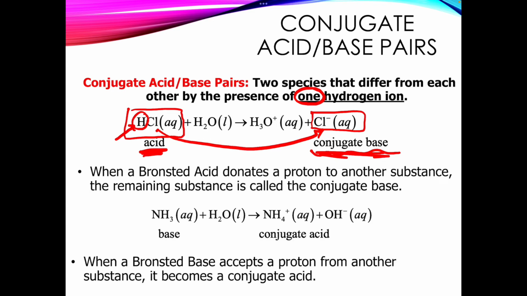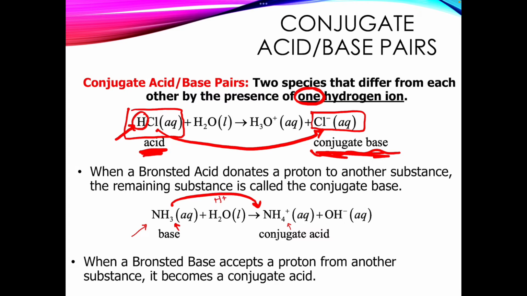We can do the same thing with a base. Here is a base, and we're not going to talk much about these types of bases, but this is ammonia. It's a very common base. The way we know this is a base is because during the reaction, it gains a hydrogen. Do you see that we have a 3 here, and this becomes a 4 and a plus? That means it gained H+ along the way.